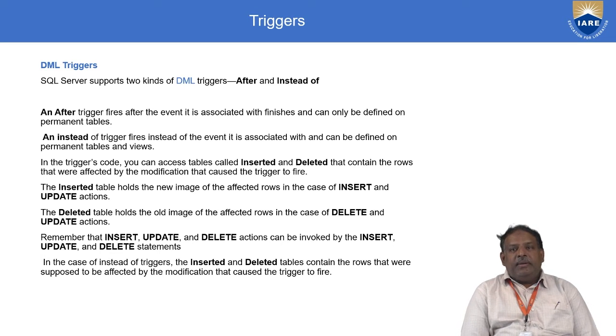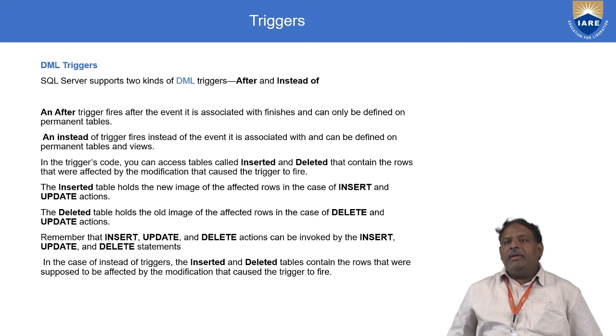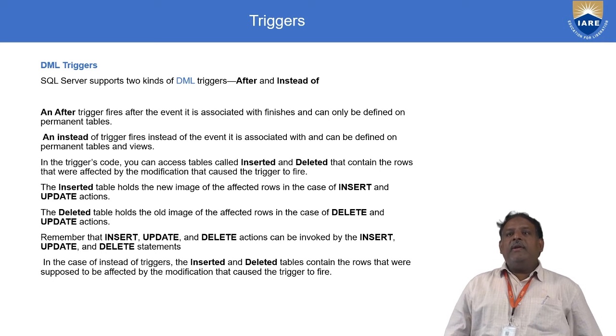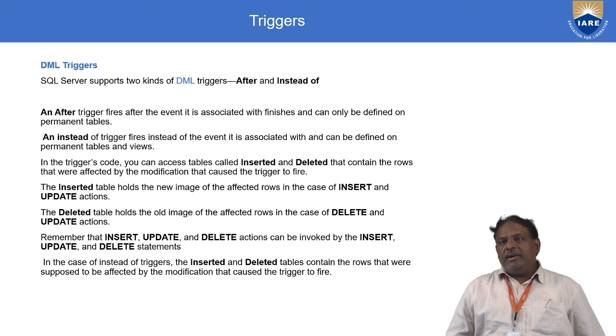The inserted table holds the new image of the affected rows in the case of insert and update. Suppose you want to insert a new record or update a record. The inserted table, the temporary memory table, will have the new value, whether insert or update. In the same way, the deleted table holds the old image of the affected rows in the case of delete and update.